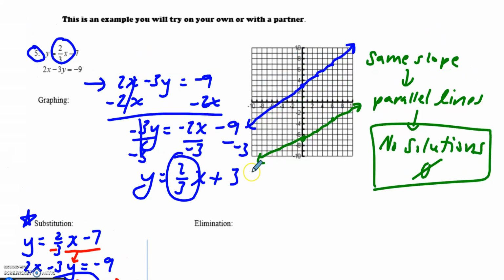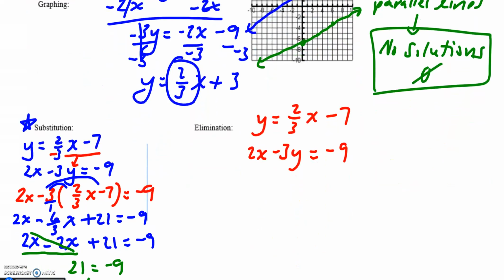Just to make sure, again, I'm going to recopy the original equations down here. Y equals 2/3 x minus 7, and 2x minus 3y equals negative 9. Just like the last example, number 4, I noticed that my equations are not lined up in standard form, so elimination does not seem as ideal.